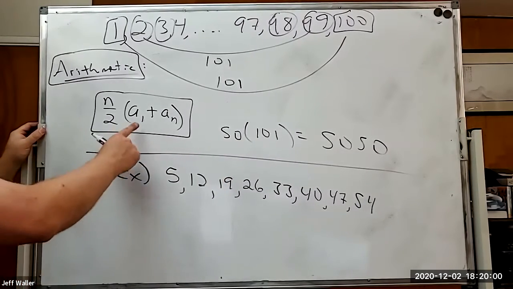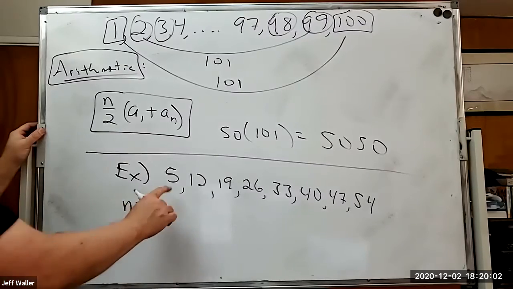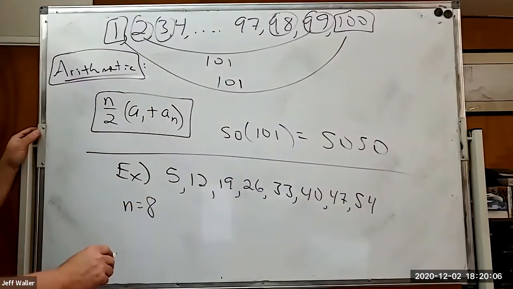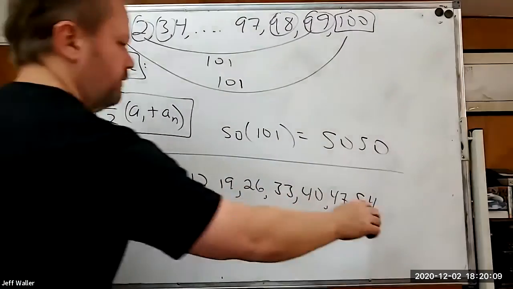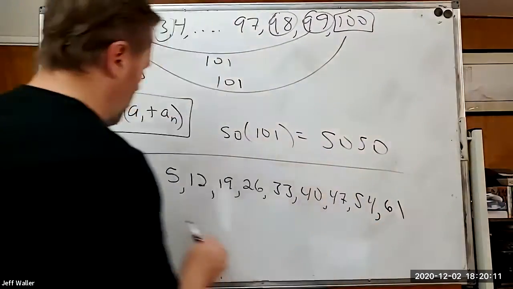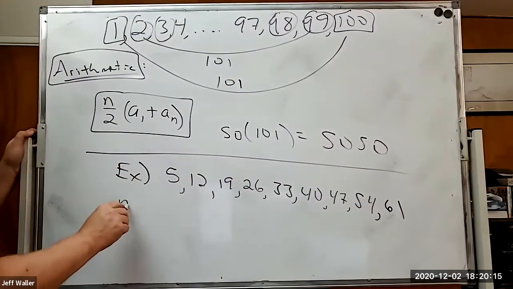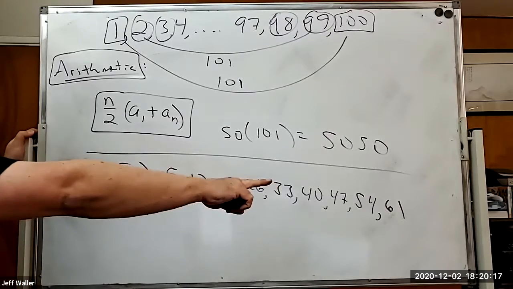So to do this, what's n? 1, 2, 3, 4, 5, 6, 7, 8. This works even if I have an odd number of things. Right? Don't want you to think I'm cheating. So n is 9 now, right?